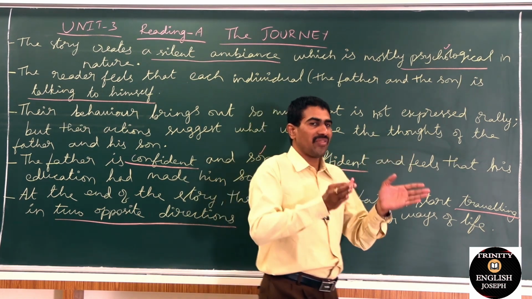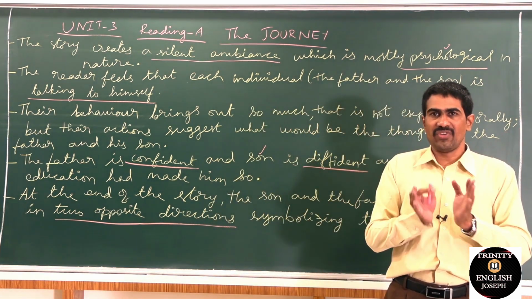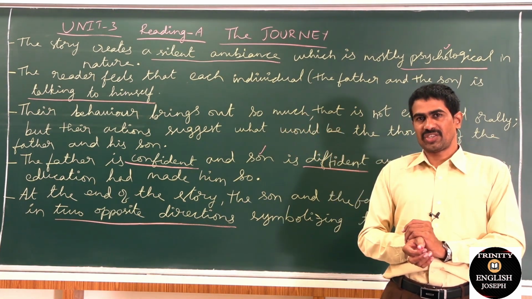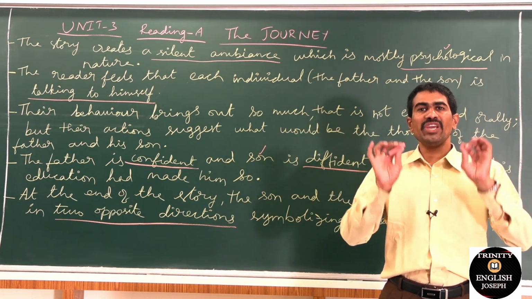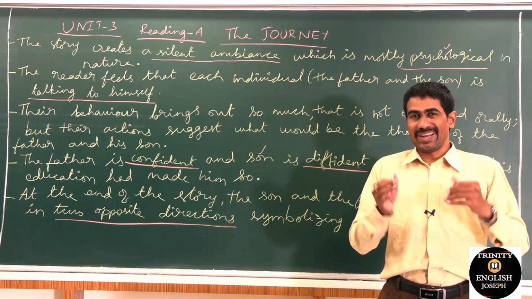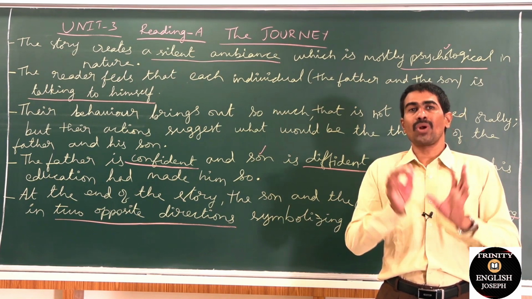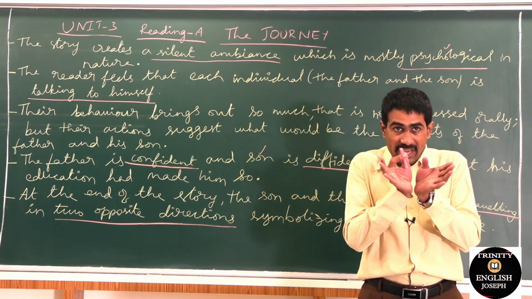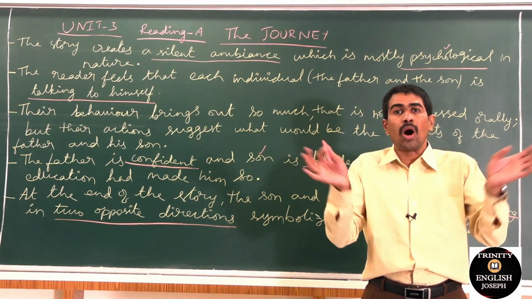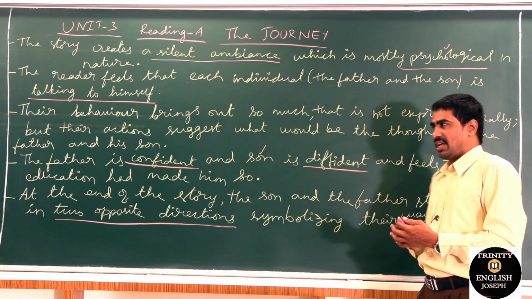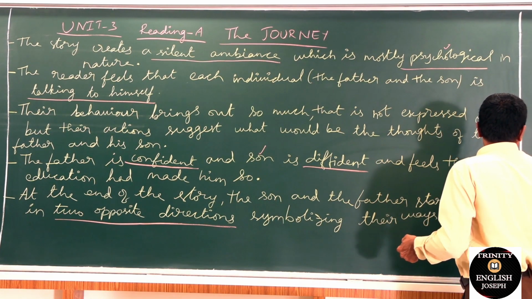At the end of the lesson, they start going in two opposite directions, showing two ways of life. And now let us look into the summary and find out why their life is in two opposite directions, what has happened in the lesson, and all the details, we are going to get it now.